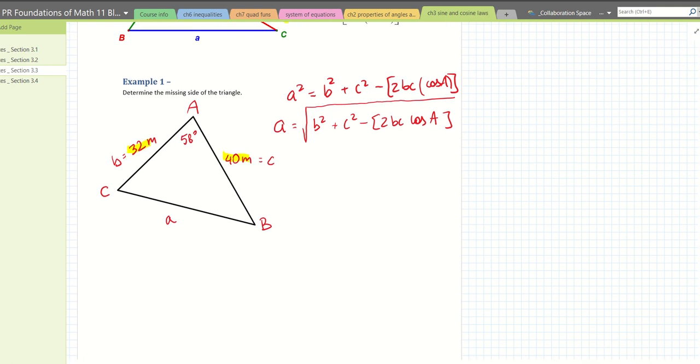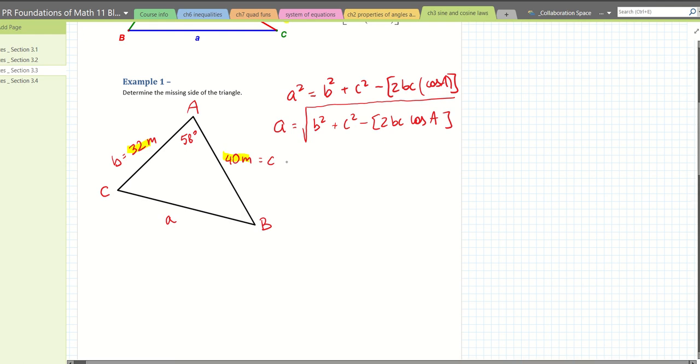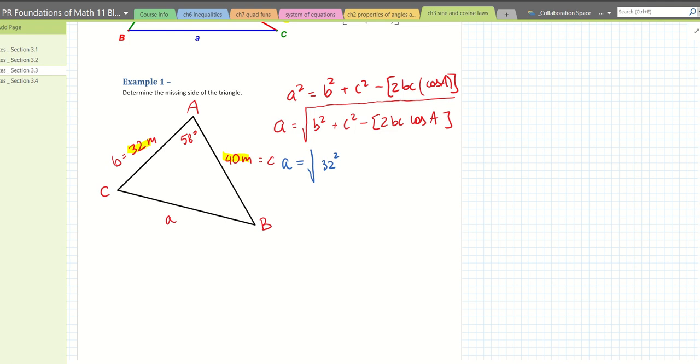Make sure, again, the calculator is set to degrees, not to radians or gradians. So let's see, A is going to equal the square root of b squared. B is 32, so I'm going to write 32 squared. Again, the most common mistakes with cosine law are people forgetting to square, or taking the square root as a final step.